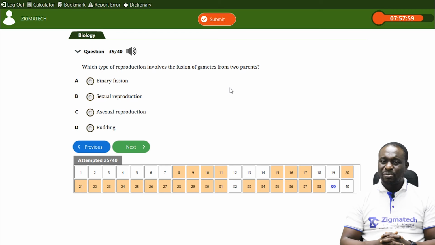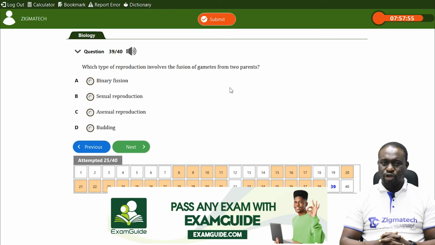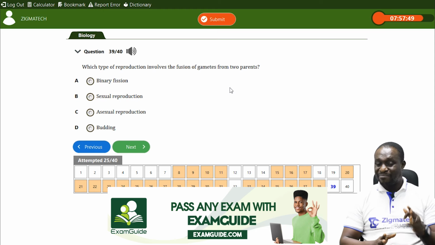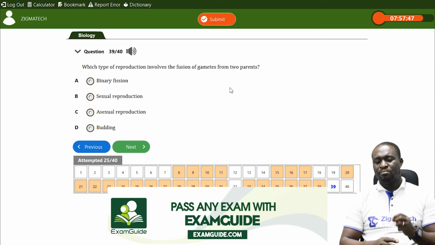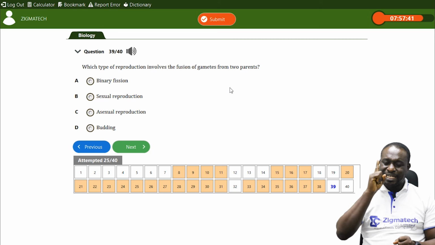Now, in sexual reproduction, two parents are involved. In sexual reproduction, gametes are produced. In sexual reproduction, there is fusion of gametes. I have mentioned three important things. But in asexual reproduction, two parents are not involved, rather it is only one parent that is involved.